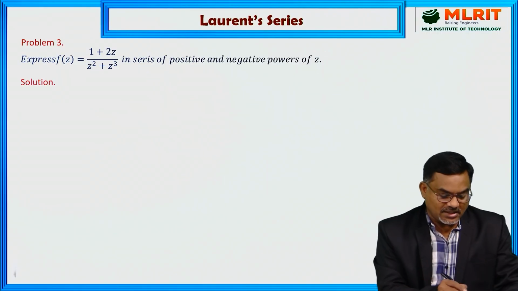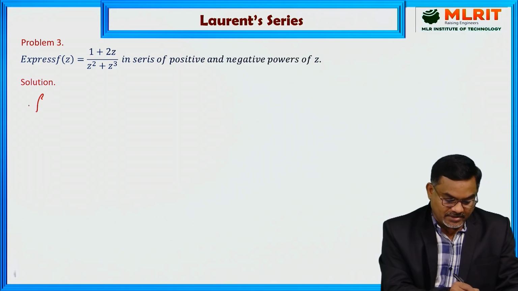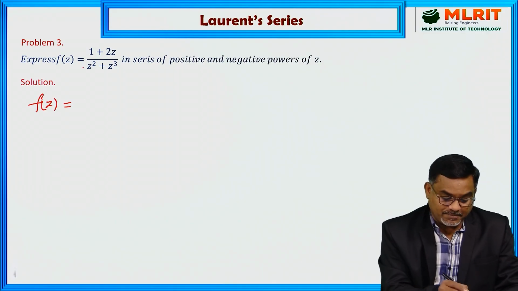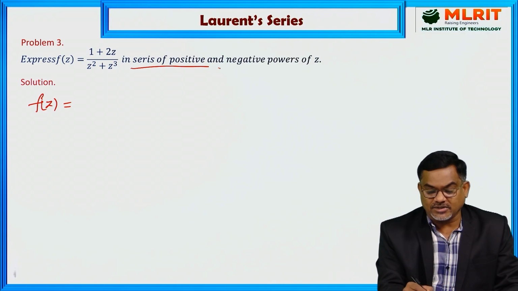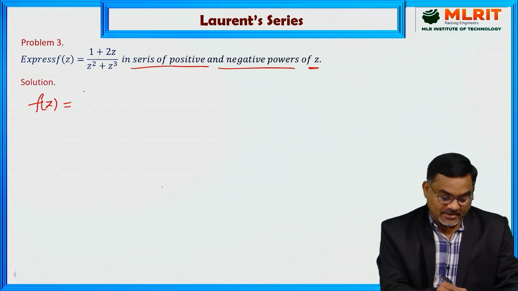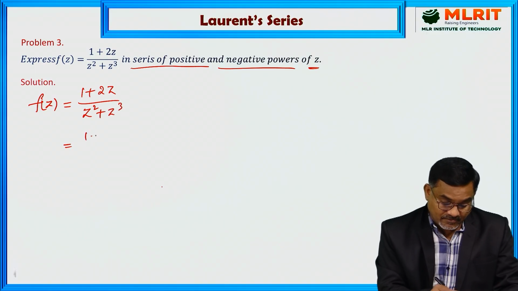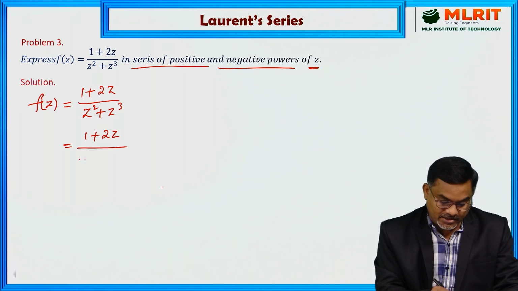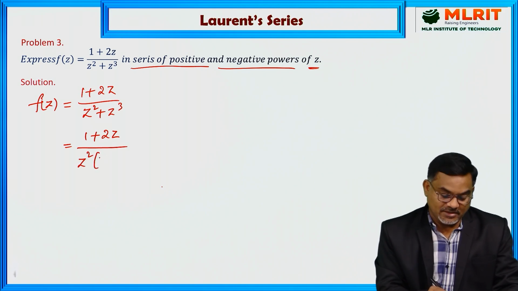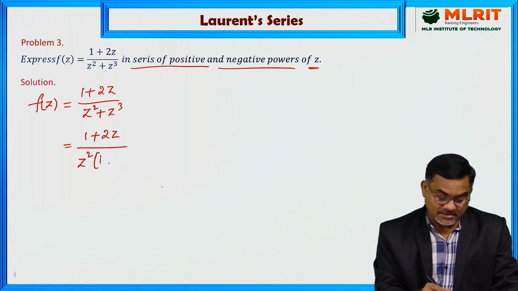Now coming to the last problem of today's session, we need to express f of z in series of positive and negative powers of z. So what is the given? 1 plus 2z by z square plus z cube. Now let us simplify this function. 1 plus 2z by, in denominator we can take z square common, so 1 plus z.